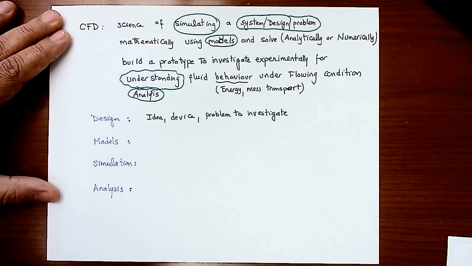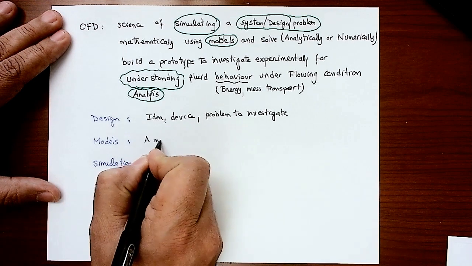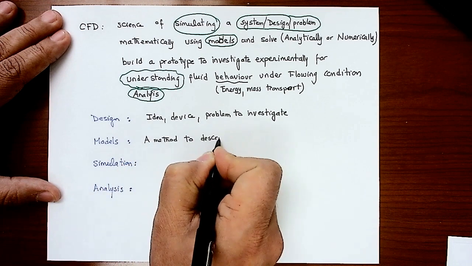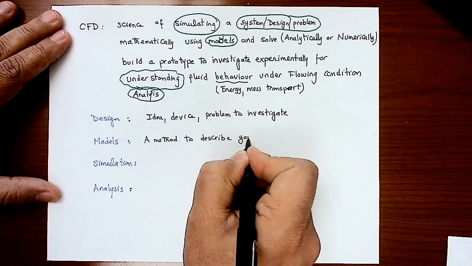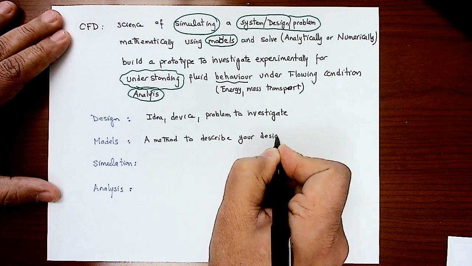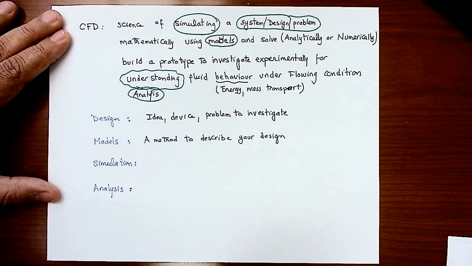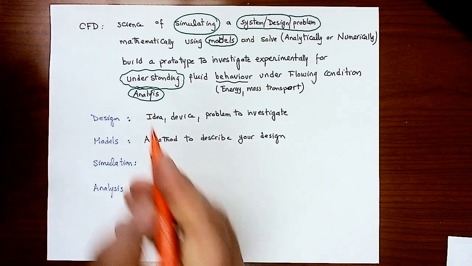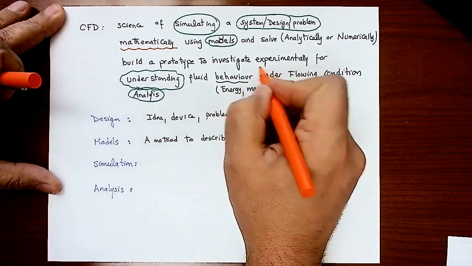Now, the science of simulating a system, design, or problem mathematically using models. What does the word models give you the sensation of? It's a way, a method to describe your design. And it is clear from the definition, this could be one of two things: mathematically or experimentally.